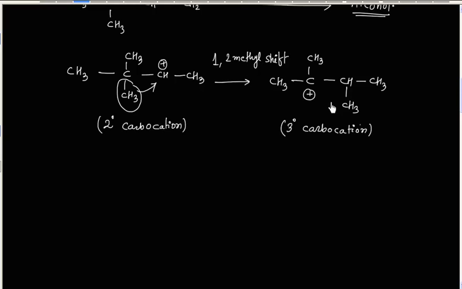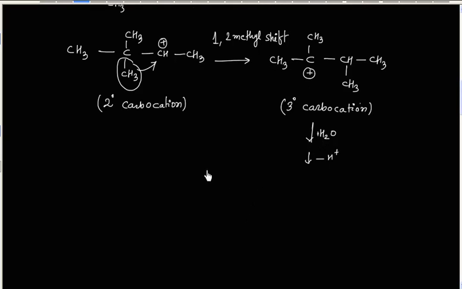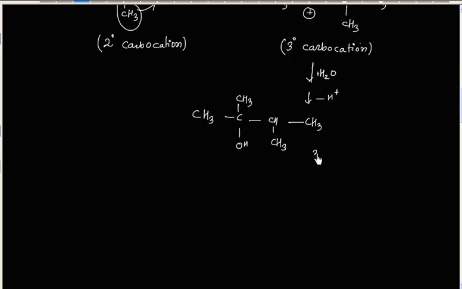In the next step, this carbocation will be attacked by H2O, and we can lose H plus. So finally I will get alcohol. So this time we are getting a 3-degree alcohol.